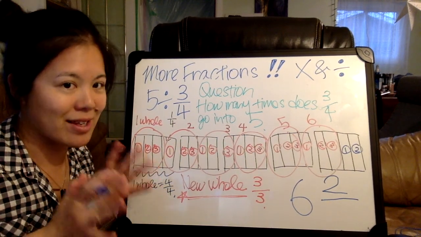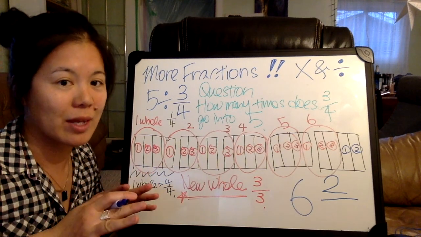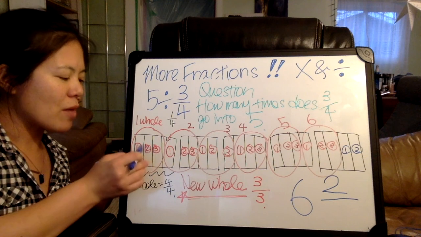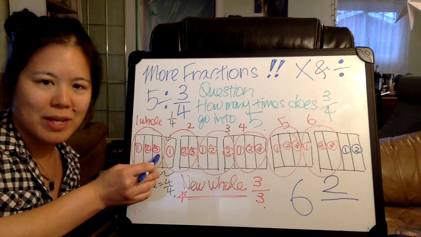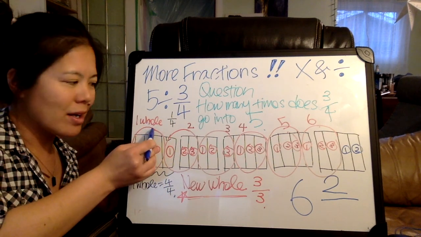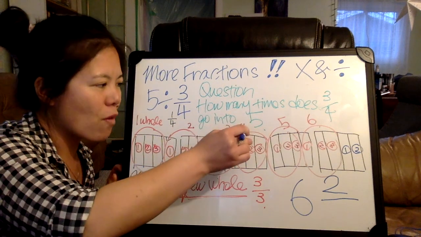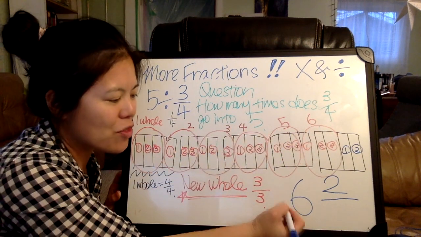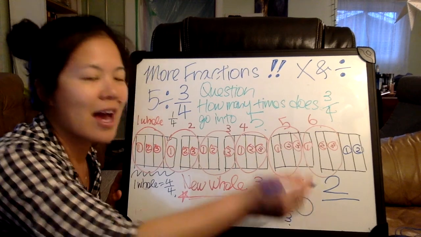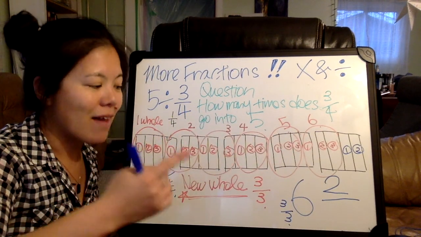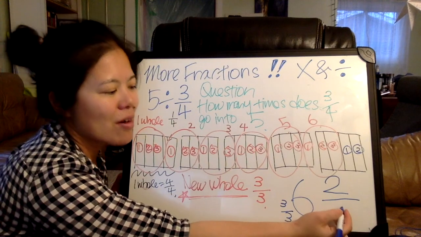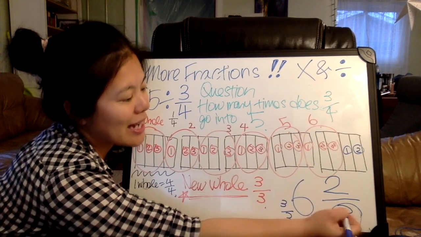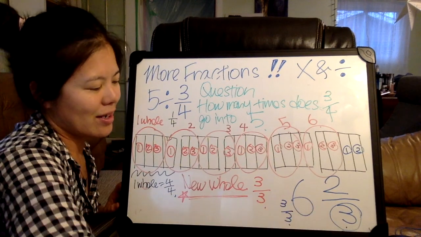That's why I said this part is really important. We made wholes when I had 1, 2, 3 pieces. That's my new whole: 1, 2, 3, 4, 5, 6. Every time I had 3 out of 3 pieces, I counted it as 1. That means my denominator is actually 3.